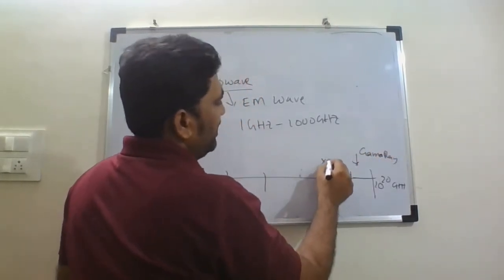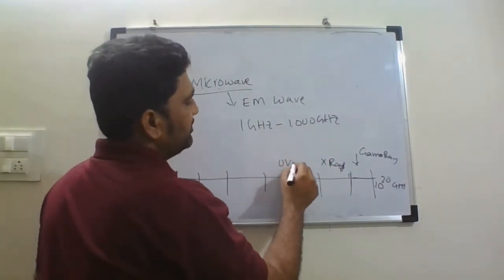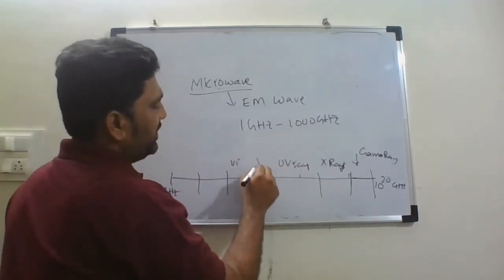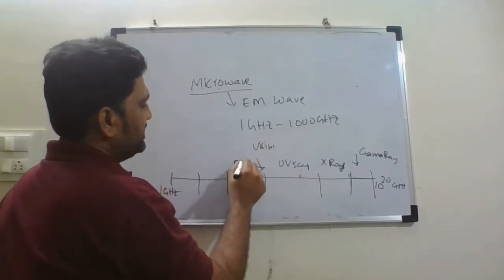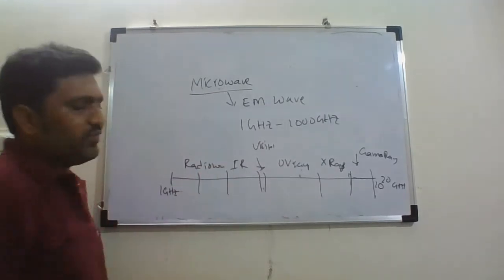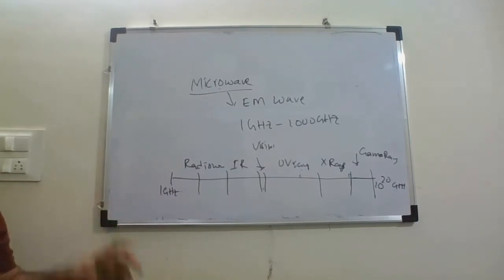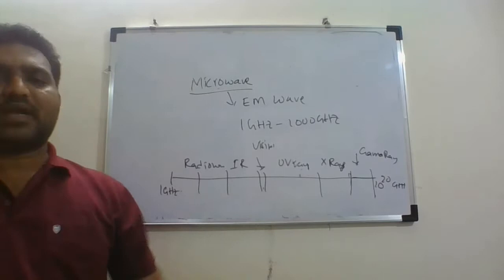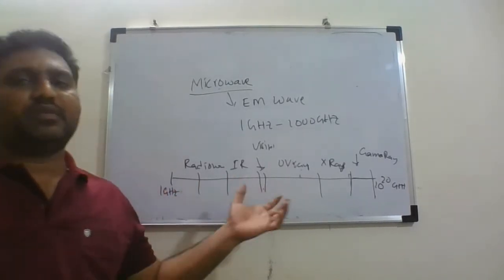Next we have X-rays, then UV rays, and a small part as the visible spectrum, then infrared rays, and then radio waves. Based on the frequency of the signals, the electromagnetic waves are given different names. All of them are electromagnetic waves, only based on the frequency they have been given different names.